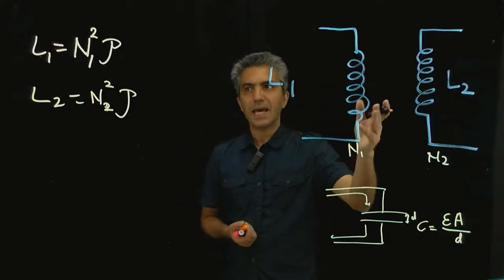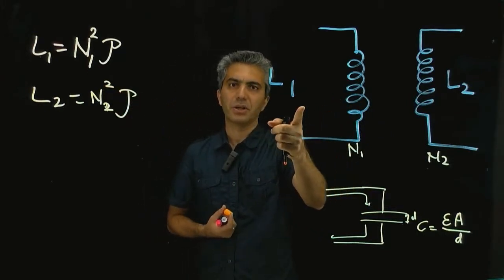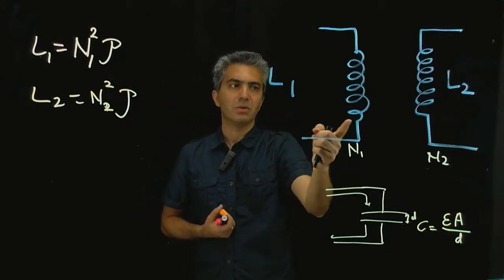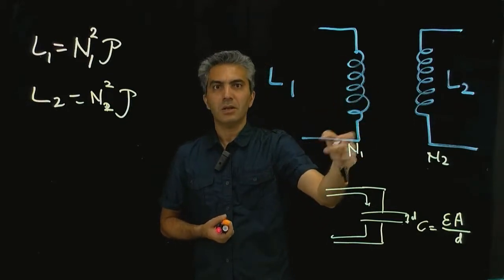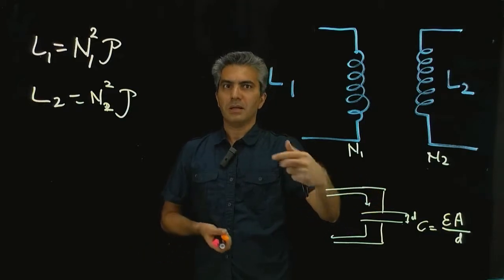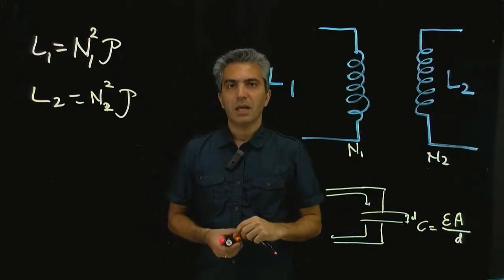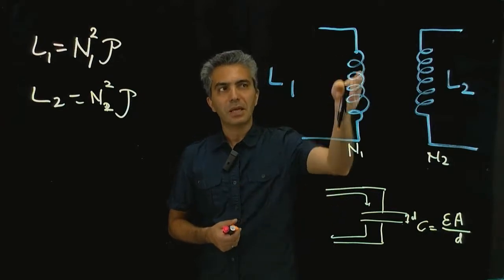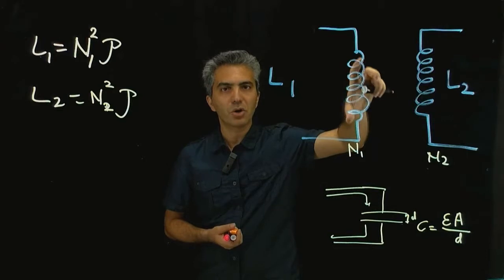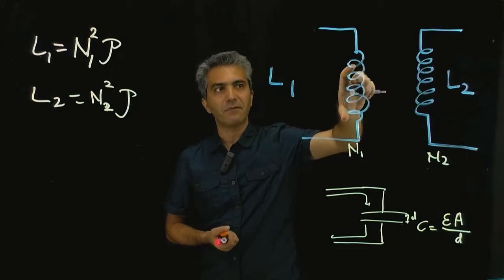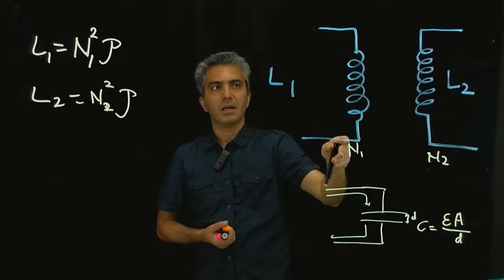So, with that in mind, we can clearly see that if we want a larger inductor, you can do two things. You can either increase the number of turns and you get a larger inductance, and that's intuitive, or you can play with the permeability of the material by putting something here, because we know that the largest density of the magnetic field is actually inside the loop, right?